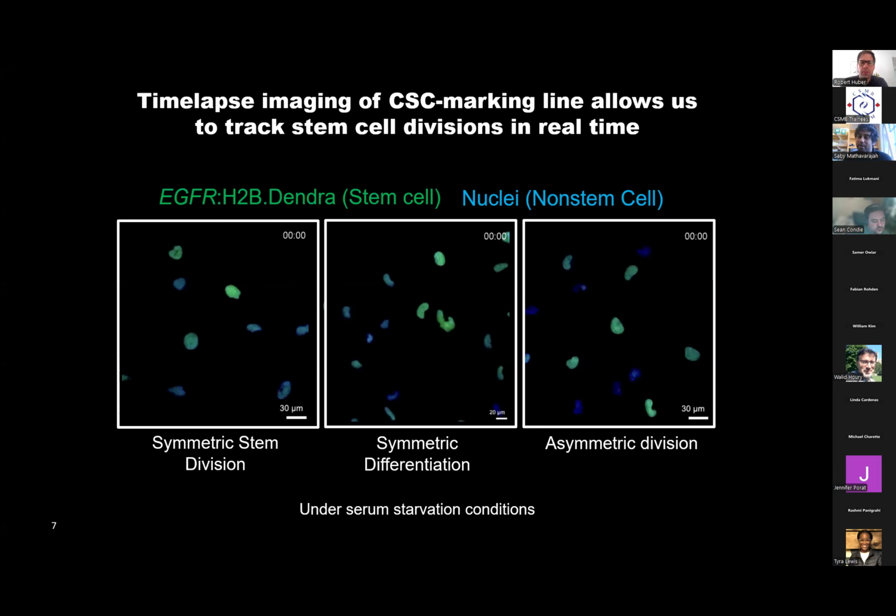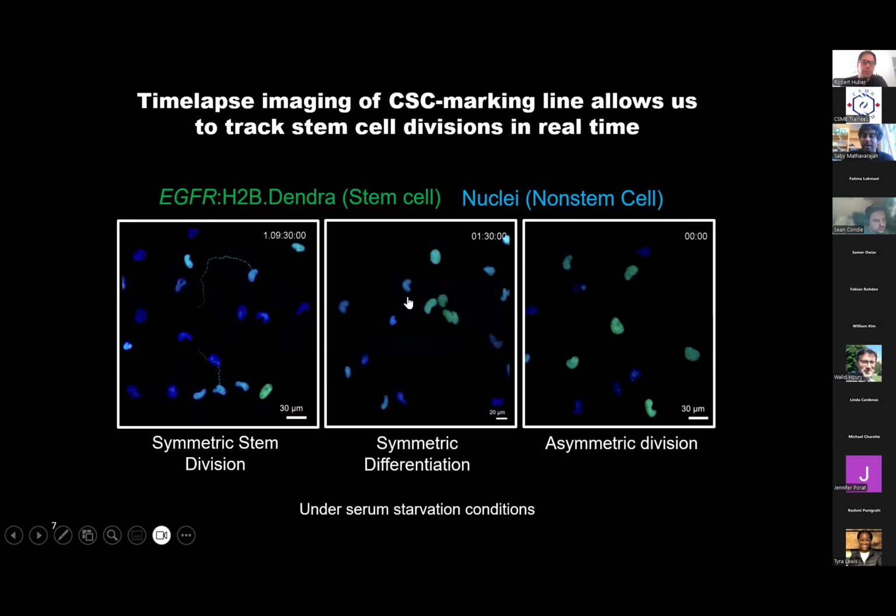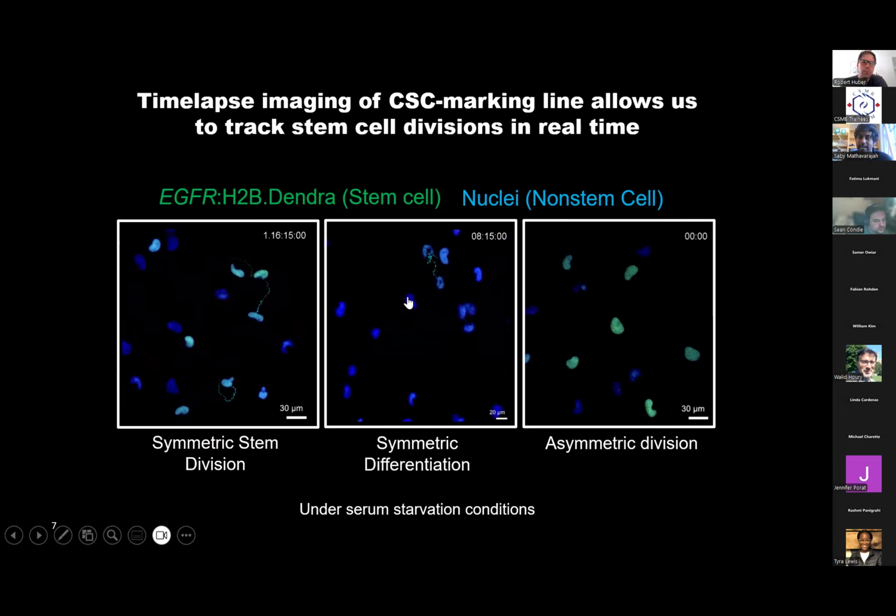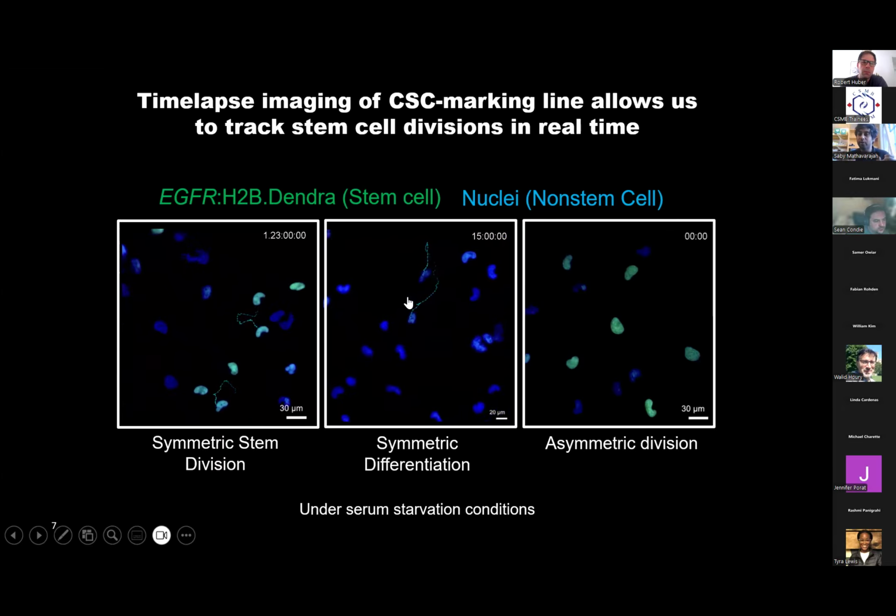And the really exciting part is you could do very cool live cell imaging of the cancer stem cells and their behavior. You could watch as they do symmetric stem division in terms of making more of themselves, right? So making more of those cancer stem cells. You could see symmetric differentiation where they're becoming two differentiated cells.